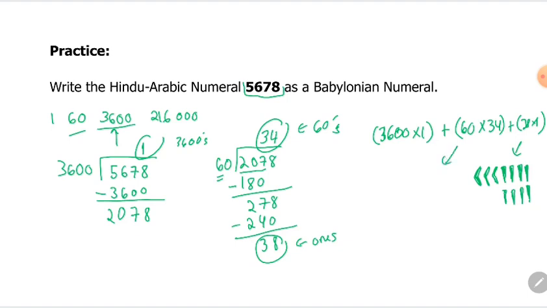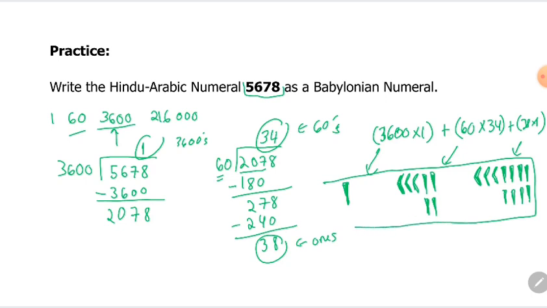Here, the second place value, we have to put 3 of the V's, and then 4 of the wedges. And then here, we only have 1 3,600, so let's put that 1 wedge here. So this is our answer. This is how you will write 5,678 in Babylonian numeral.